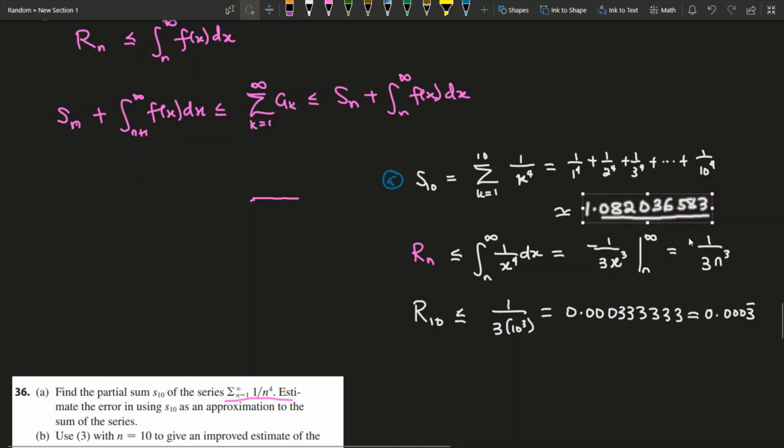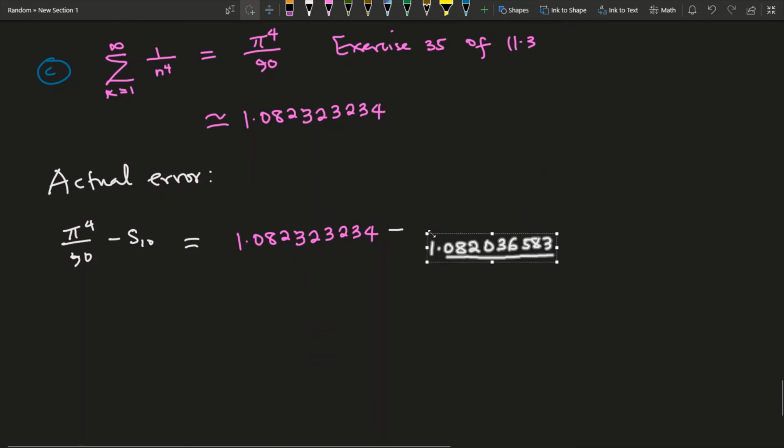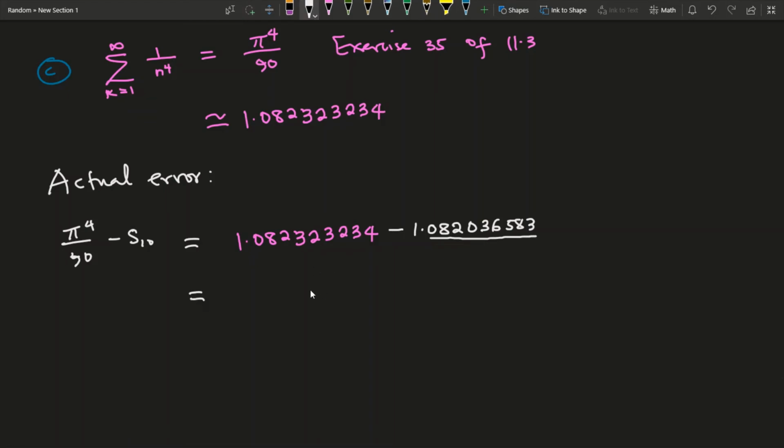Then the other one is this. And if you work this out, you get 0.000286651. Cool.